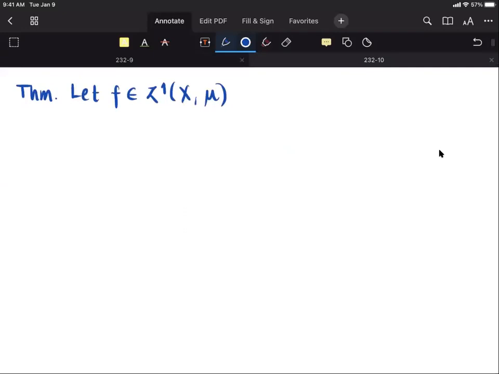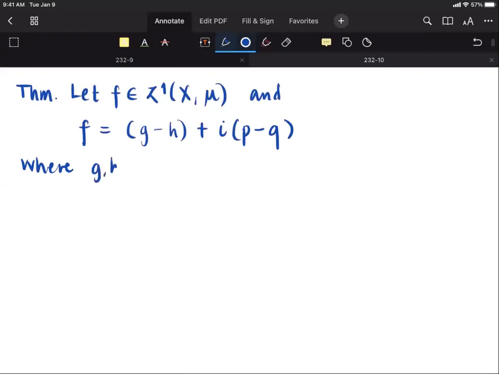So if you have a Lebesgue integrable function f, and I have the following representation, f can be written as follows: g minus h times i minus pq, where g, h, p, and q are non-negative measurable, and they are integrable as well.